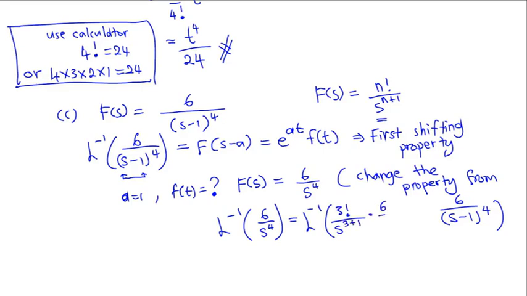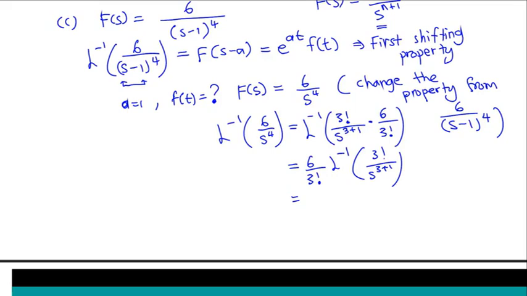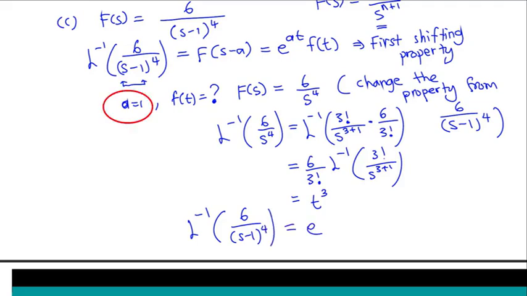So this one is 6 divided by 3 factorial, times Laplace inverse of 3 factorial over s power of 3 plus 1. So we get t power of 3. So Laplace inverse of 6 divided by (s minus 1) power of 4 is equal to e, a is 1, so e power of t times t power of 3.